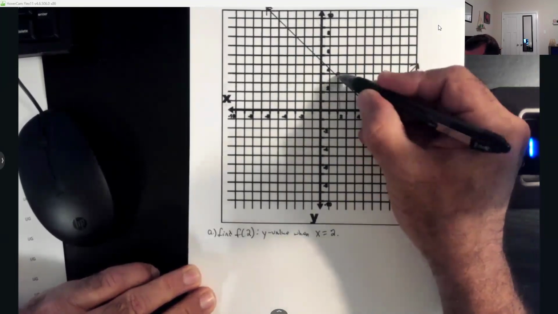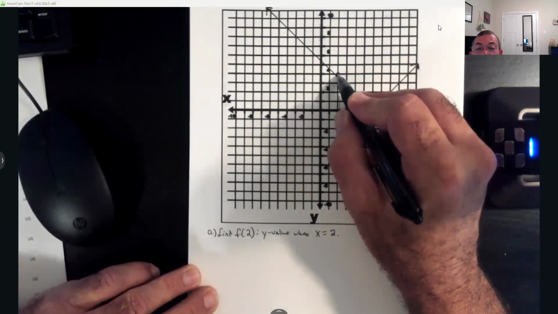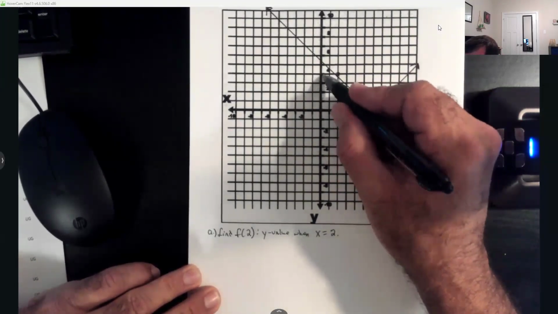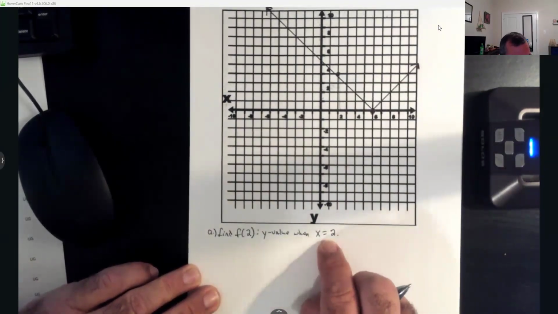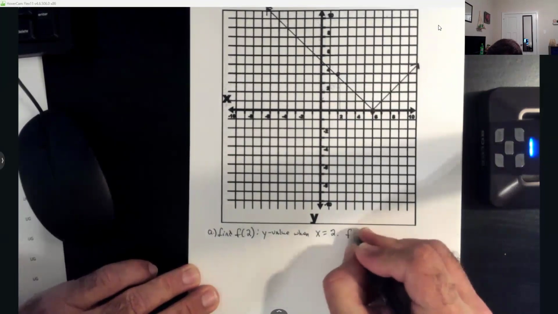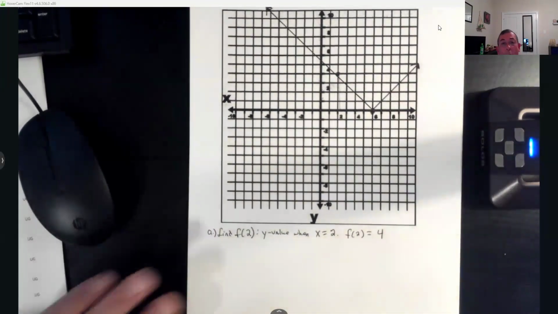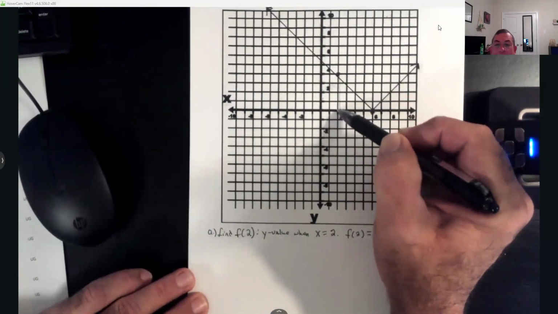So there's 2, so I'm looking for this y value. All right, y'all. So it looks like that's going to be 4, right? 1, 2, 3, 4. So when x equals 2, they'll have the blanks like this. F of 2, that's going to equal 4 since it had a y value of 4 at that point.